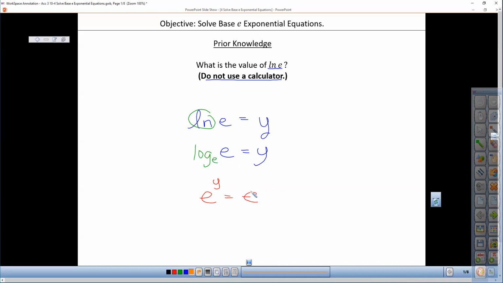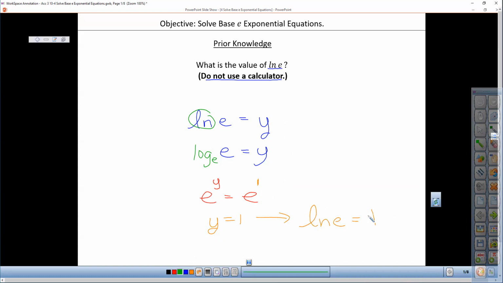And then our exponential property of equality says, now that the bases are both e's, we can conclude that the y exponent must be equal to this exponent over here, which is a 1. And that then tells us, since y is equivalent to the natural logarithm of e, that the natural logarithm of e must be equal to 1. That's one way of evaluating it without a calculator.